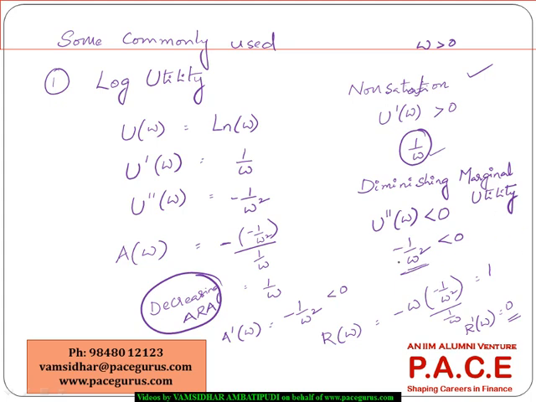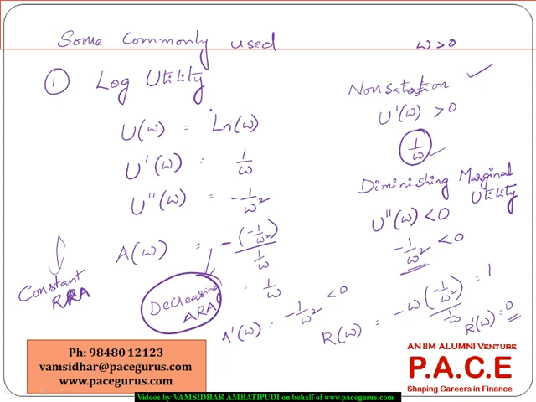R dash is 0, which means it exhibits constant relative risk aversion. So a simple way to understand this: if the utility function is a log function, it exhibits decreasing absolute risk aversion, whereas it exhibits constant relative risk aversion.